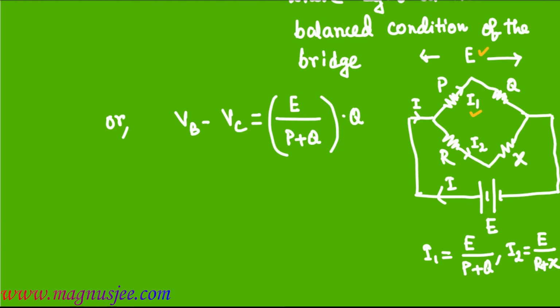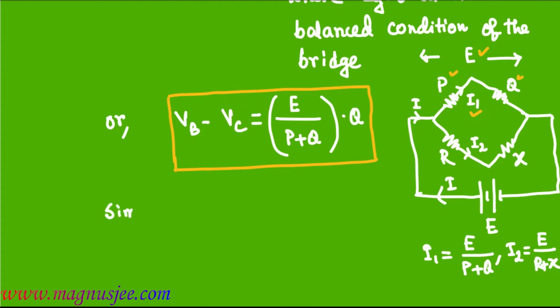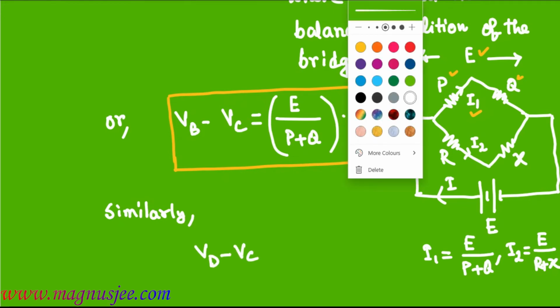So to find the current I1, it should be E divided by P plus Q, and to find I2, I2 equal to E divided by R plus X. We get the expression of Vb minus Vc, which is E divided by P plus Q into Q. Similarly, we can find the potential difference between the two ends of the unknown resistance X, that is Vd minus Vc.